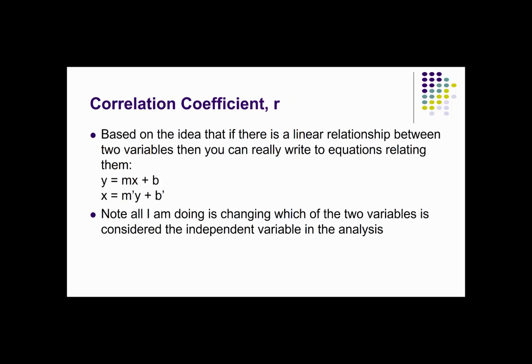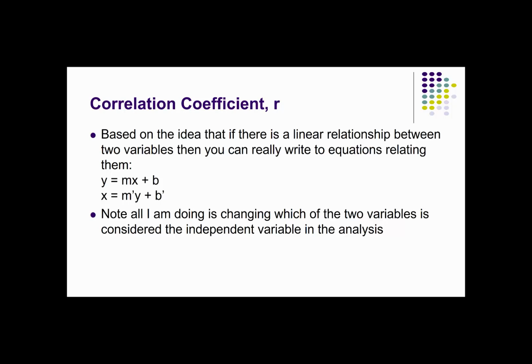The correlation coefficient comes from recognition that if there is a linear relationship between two variables, x and y, then you really should be able to write two different equations that relate them. We usually write y equals mx plus b, and what we're really saying is that x is the independent variable and that y has this specific mathematical dependence on x.